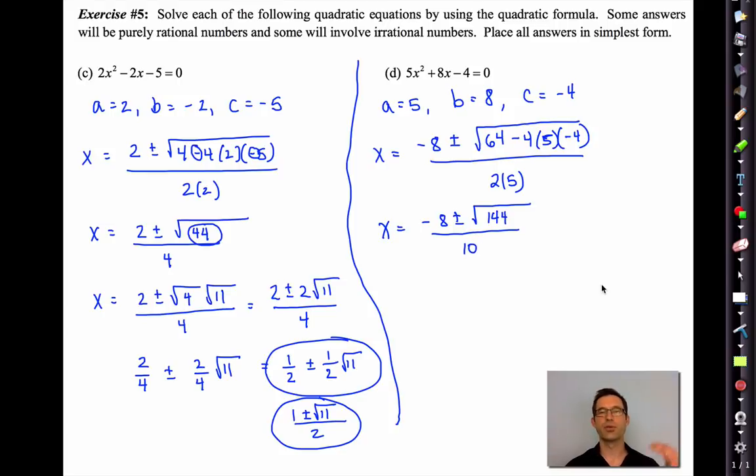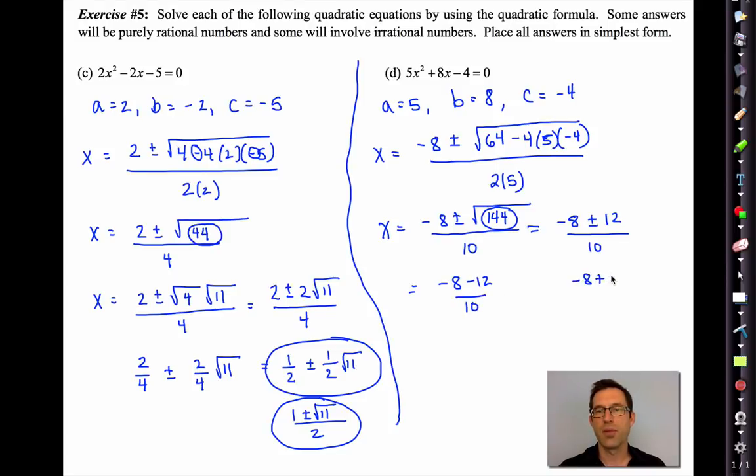Now again, here's where you sort of stop, you pause, and you say, well, that 144, is that a perfect square or not? And the answer is it is. So we're going to get negative 8 plus or minus the square root of 144, but that's just 12. All right. So, great, we have negative 8 minus 12 divided by 10, and negative 8 plus 12 divided by 10.